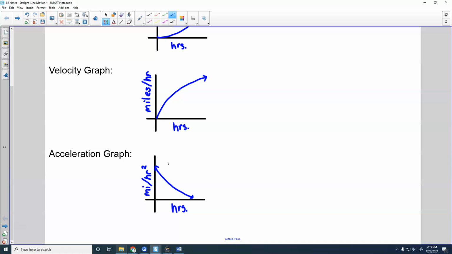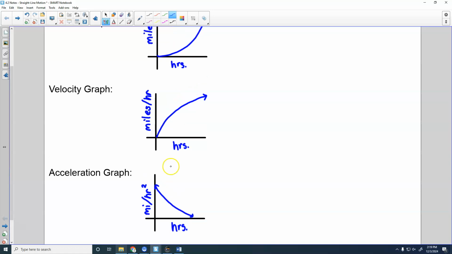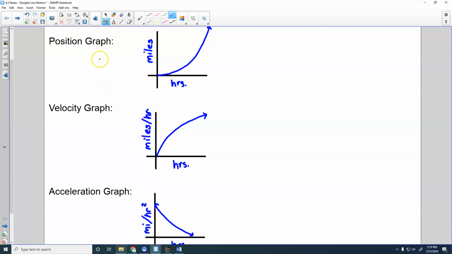What I'm really looking for is what happens with those units. So, your position, they use different letters sometimes for position. Sometimes they'll call it x of t, sometimes s of t. They could use any letter they want, really, for that. Your velocity, they almost always use v, and it's going to be your x prime of t.